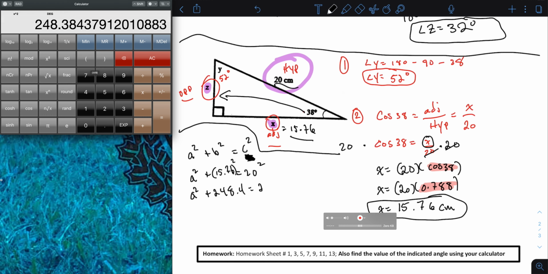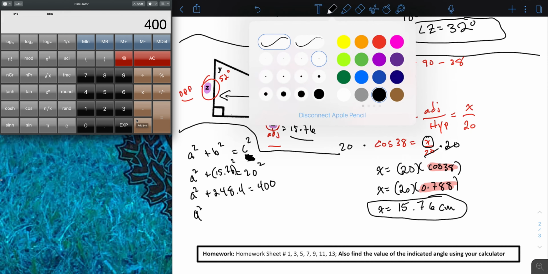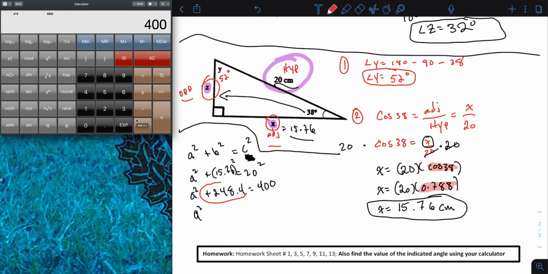We have to type in what 20 squared is. 20 squared is 400. So a squared, here's the catch: this you can move over, but when you do that, it has to become minus.